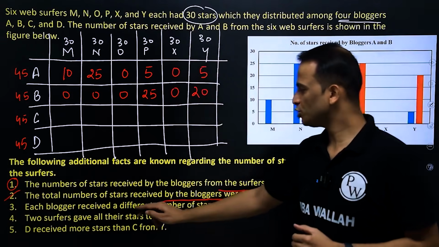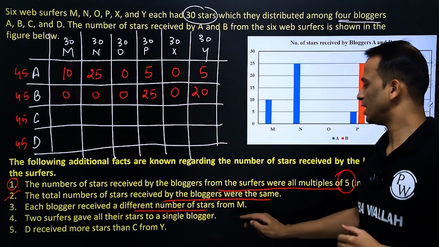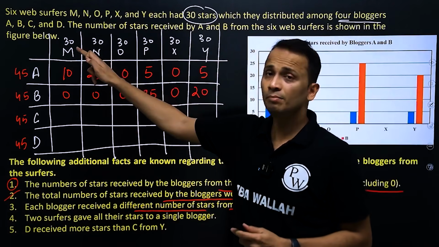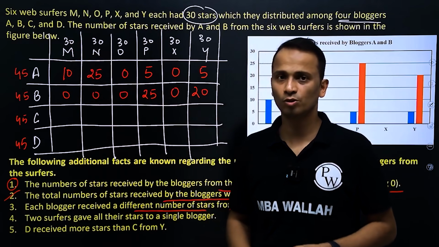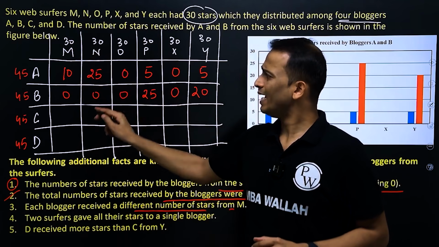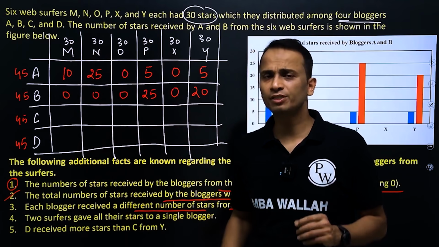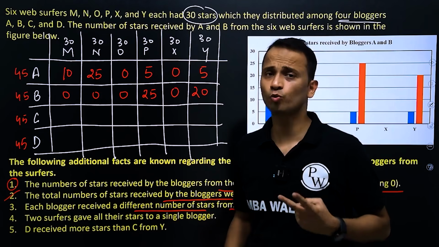Third point, each blogger received a different number of stars from M. M has given different number of stars to each blogger. Now M has already distributed 10 plus 0, that is 10 stars, left with 20.